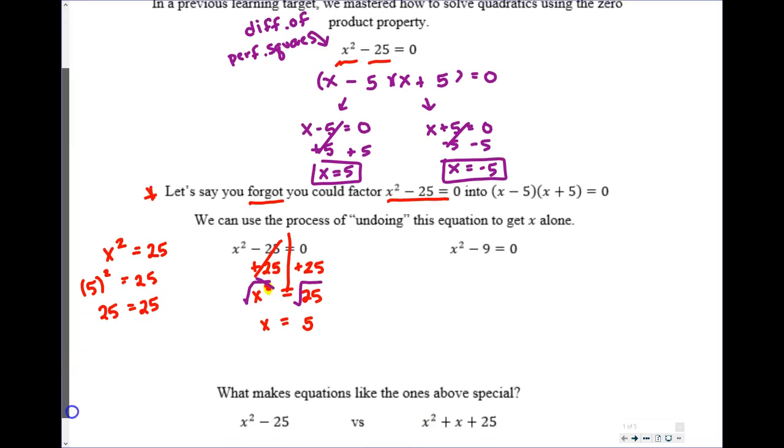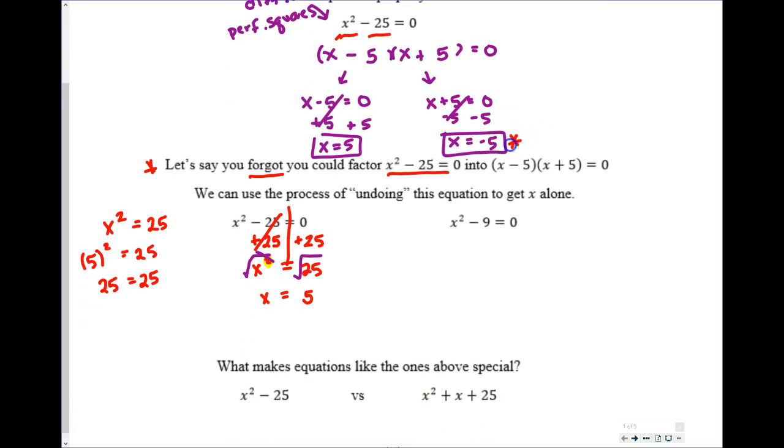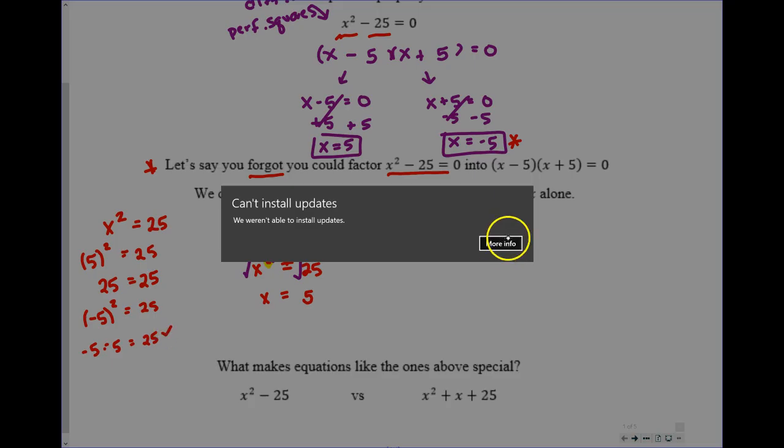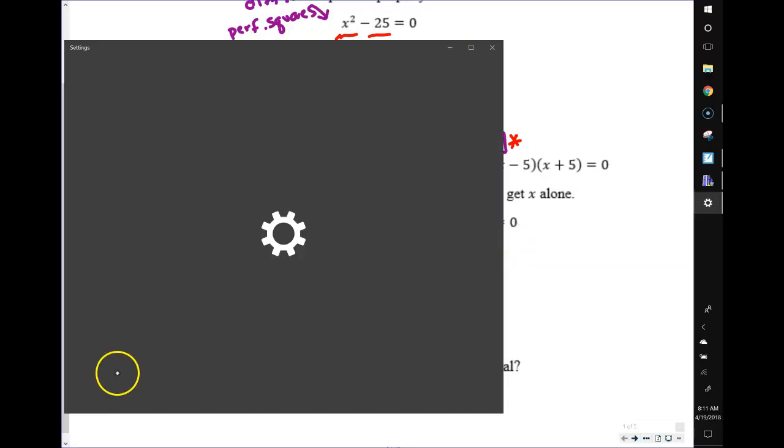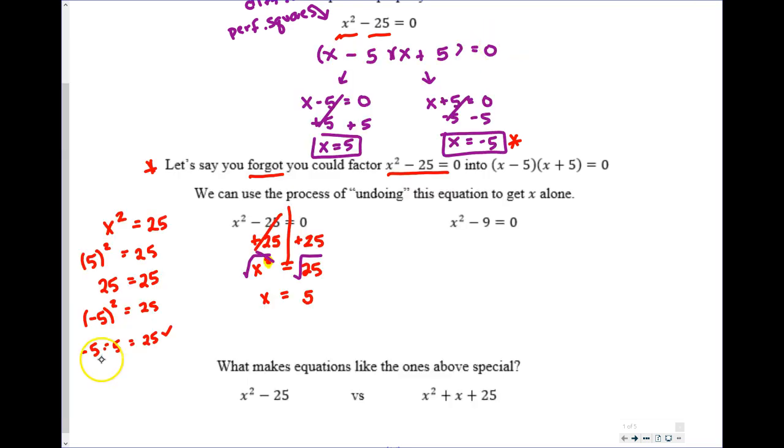But there actually is one other solution, and we've already found it up here, this negative 5. Where is that negative 5 coming from? Remember that if I square a negative, negative 5 times negative 5 is still a positive 25. So in a way, negative 5 is also a solution.